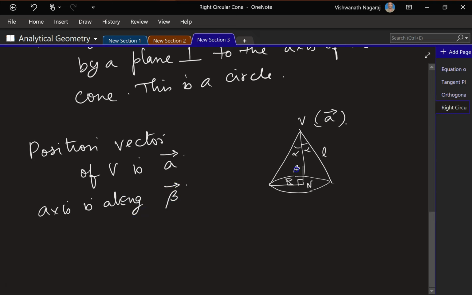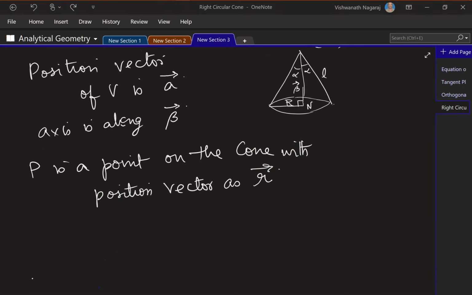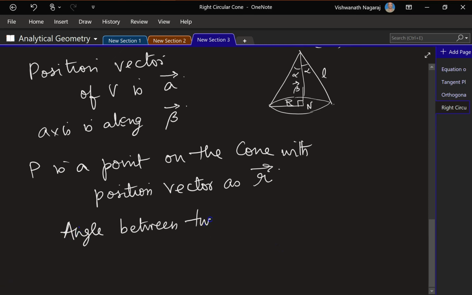And imagine P is an arbitrary point on the cone with position vector R. So we have to look at the angle between two vectors, and we know what that is.